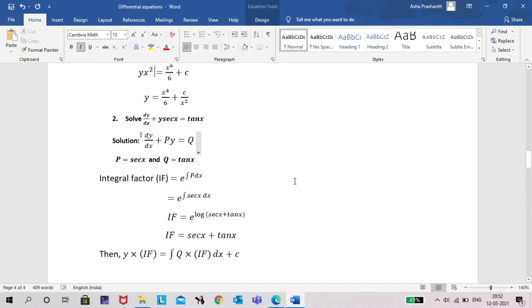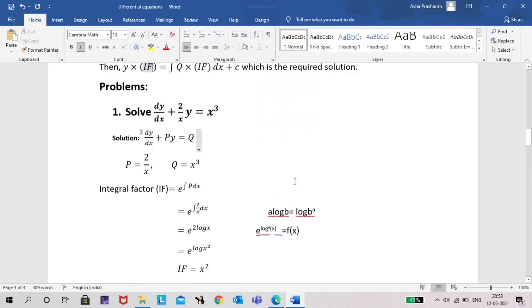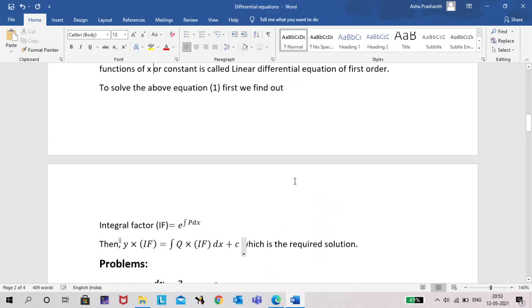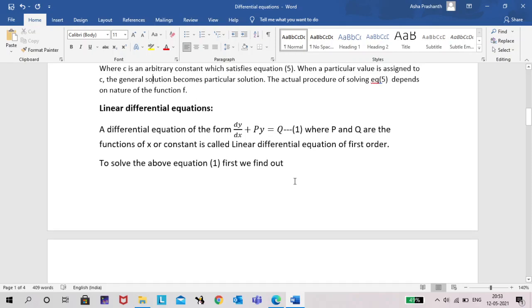I hope I explained well. This is linear differential equations. Very simple. The differential equation's standard form is this. If it is not in the standard form, you can convert the equation to standard form.